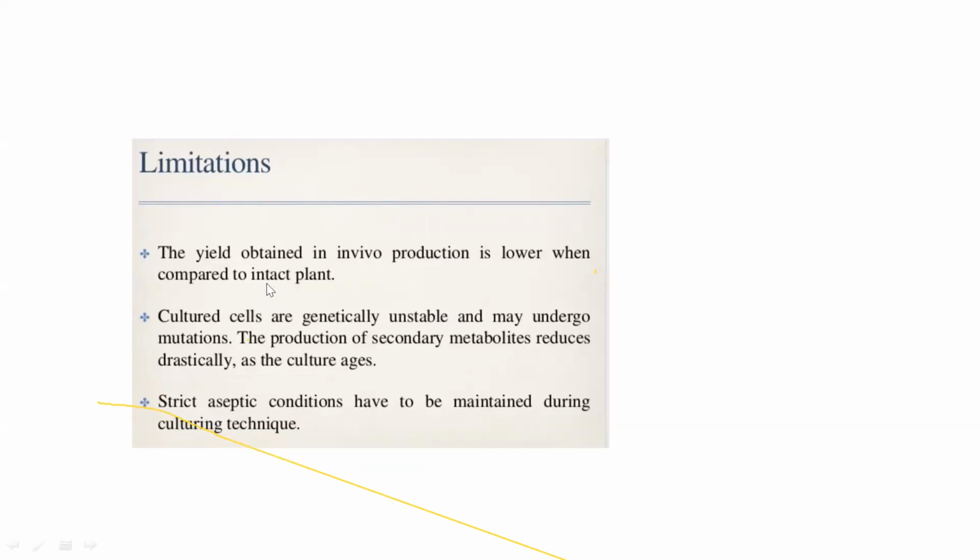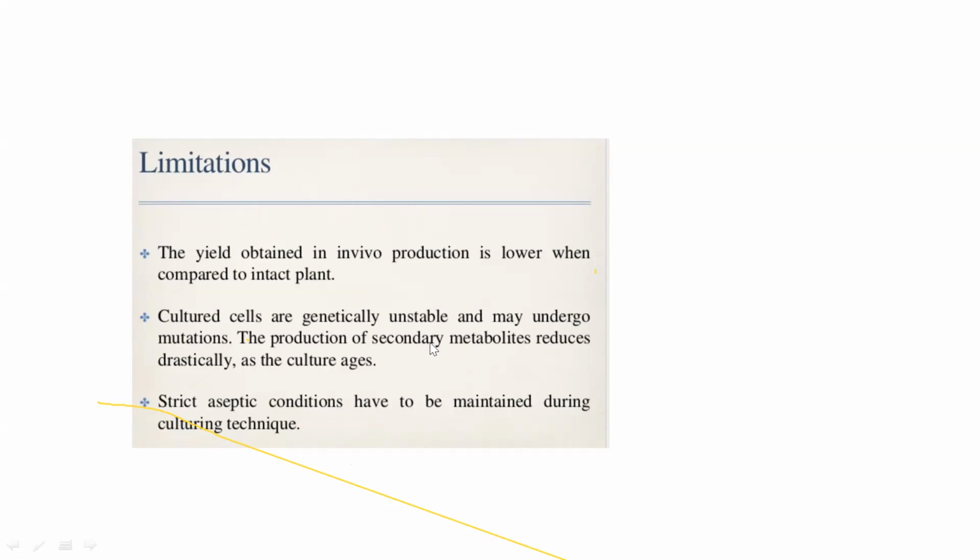Limitations, if you see, definitely the yield. They have seen that yield is less than when you get it from the plant. They have seen slightly, but there are methods by which you can boost the yield. That research and development has to take care of that. So scientific research is being done to enhance the yield of the product normally.